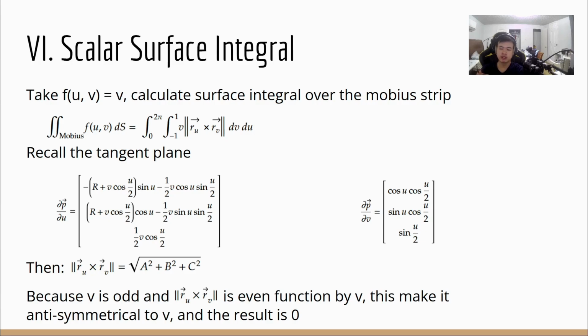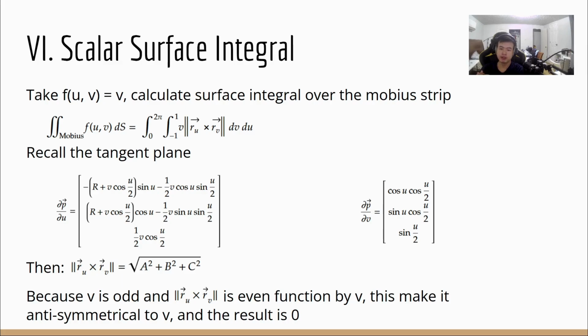If we factor v out of the vectors, the magnitude of the normal vector ends up being an even function in terms of v, while the scalar field v is an odd function. The product of an odd and an even function is an odd function, which makes the entire integrand an odd function of v.